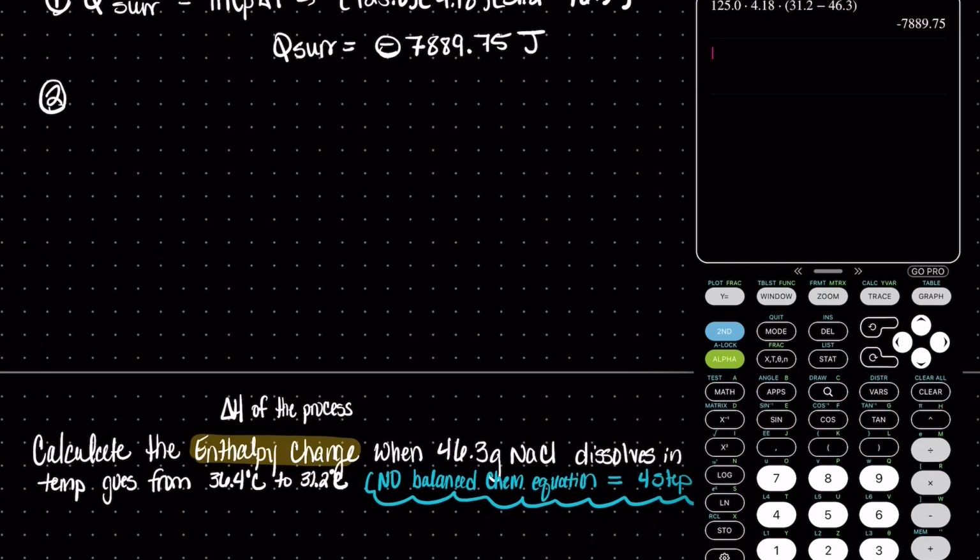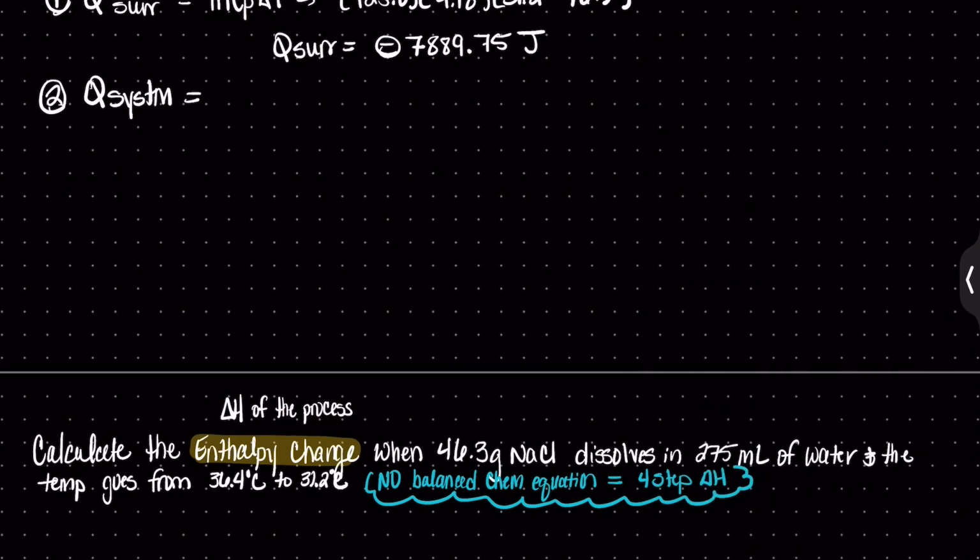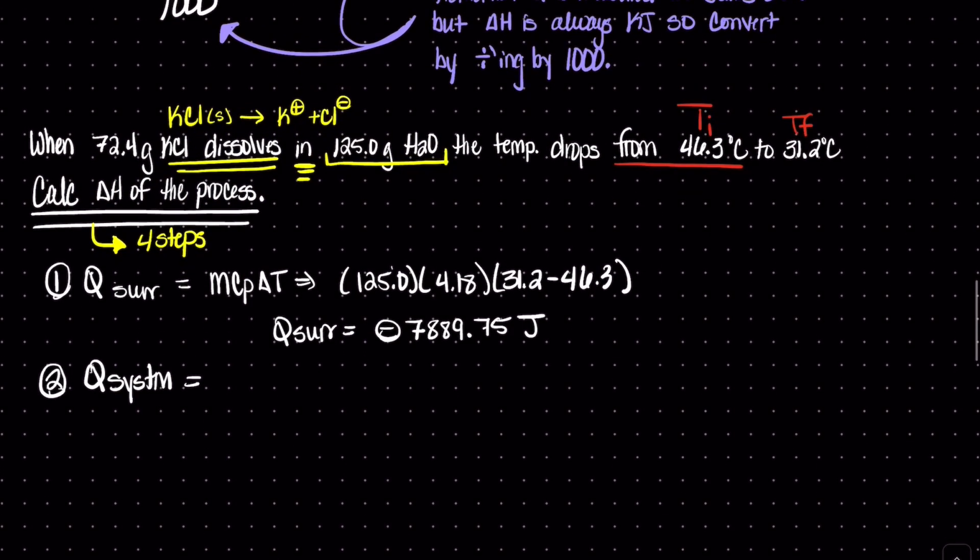Step 2 would be the Q of the system, my KCl getting dissolved. And let's do some logic here. If I put my KCl into the water, well, the water absorbed this much, so that means the KCl had to give up that much to begin with.